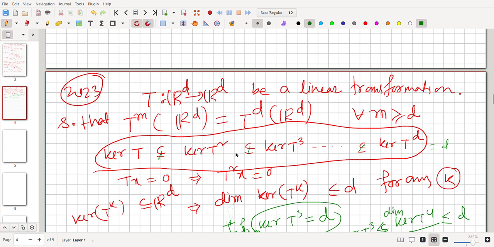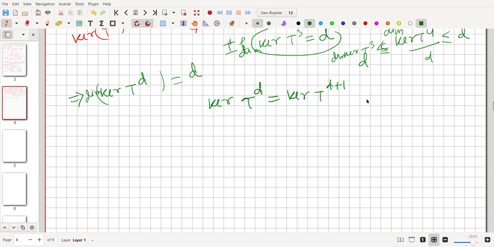But if the inequality is not strict, then somewhere in between it stabilizes, say kernel of T power 3 is equal to something like that. Then also it will hold. If this holds, that will imply kernel of T power d plus 2, and so on. That will imply kernel of T power m.